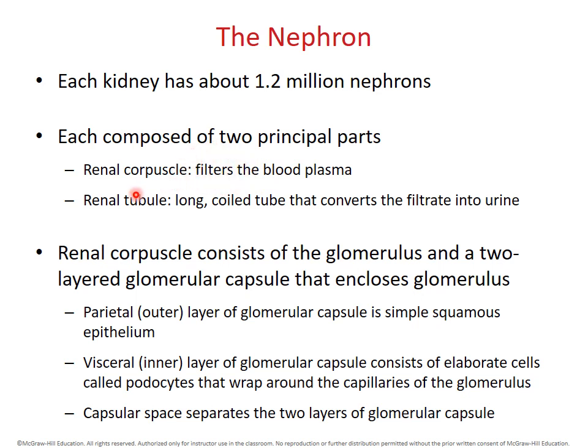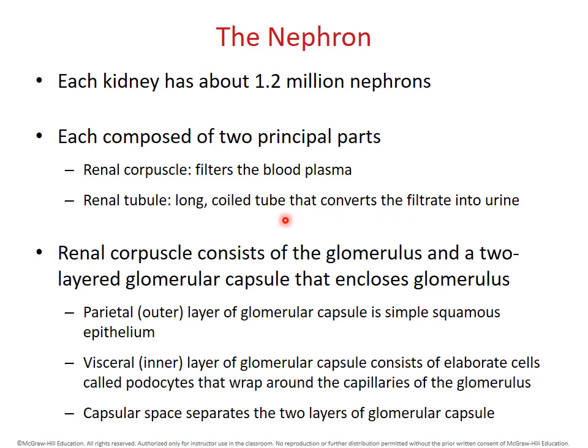The renal tubule is the rest of the nephron, the long coiled tube that we saw, that essentially processes that filtrate that's produced at the renal corpuscle and turns it into urine. Again, this processing that turns the filtrate into urine is done by, as I mentioned, reabsorption and secretion, which we again will take a look at later in the chapter.